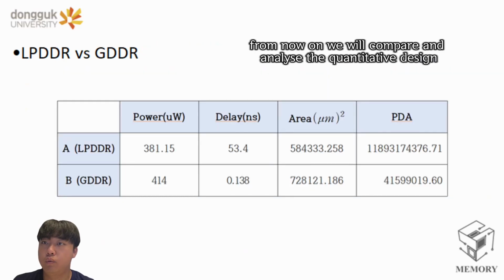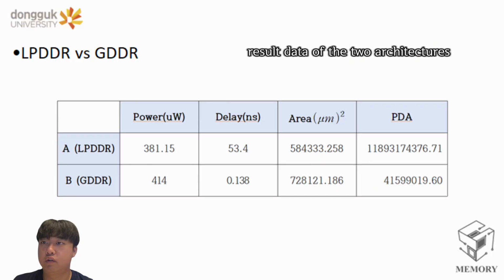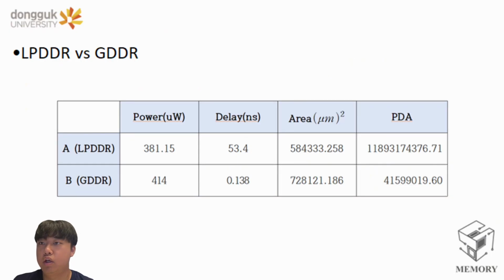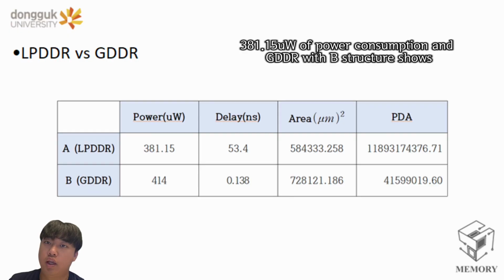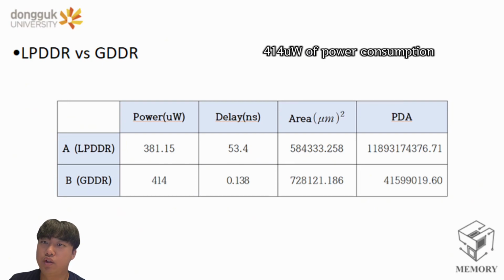From now on, we will compare and analyze the quantitative design result data of the two architectures described earlier through the table. The first is the power attribute. LPDDR with A structure shows 381.15 microwatts of power consumption, and GDDR with B structure shows 414 microwatts of power consumption.